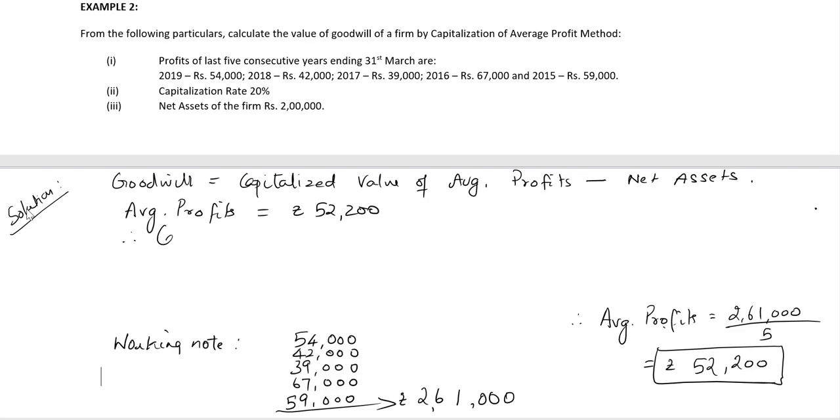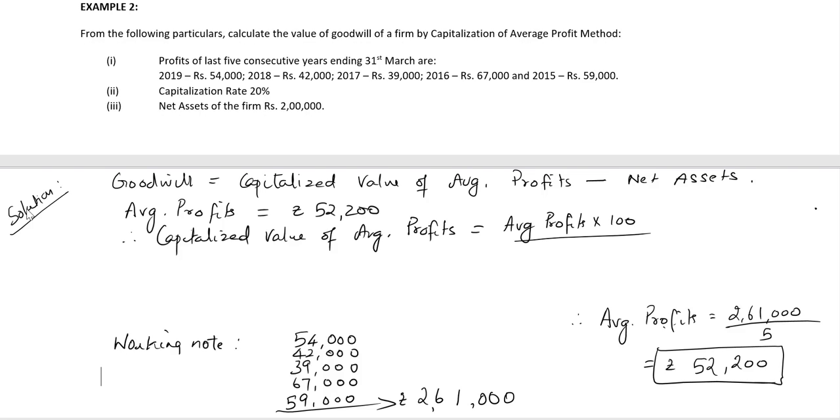Therefore the capitalized value of average profits is equal to the average profits into 100 divided by the capitalization rate, or the NRR.